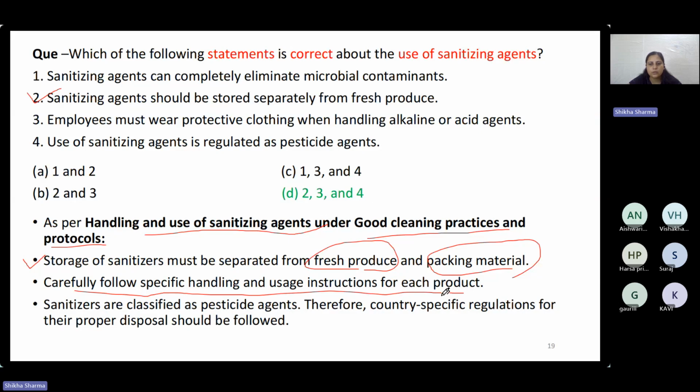Sanitizers are classified as pesticide agents. There are country-specific regulations, and in each country there are different regulations for different sanitizer compounds. Proper disposal should be followed, so statement 4 is also correct.